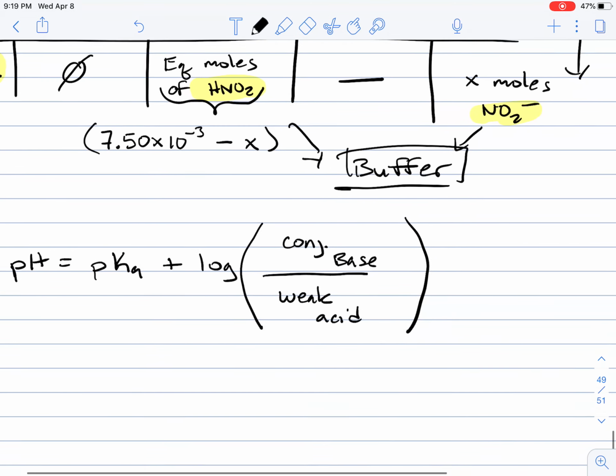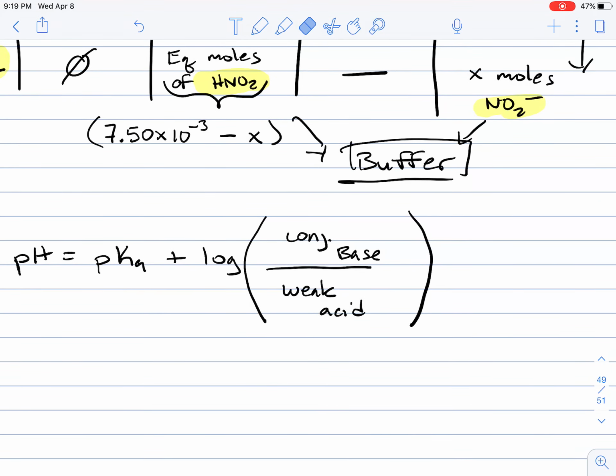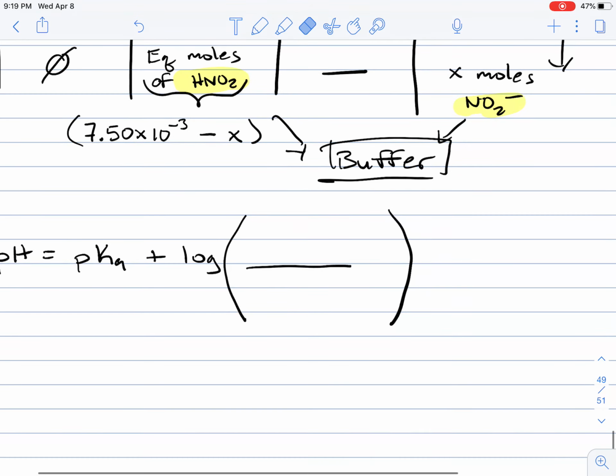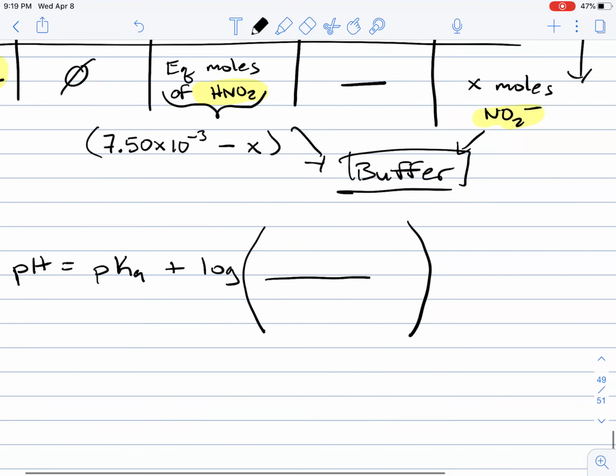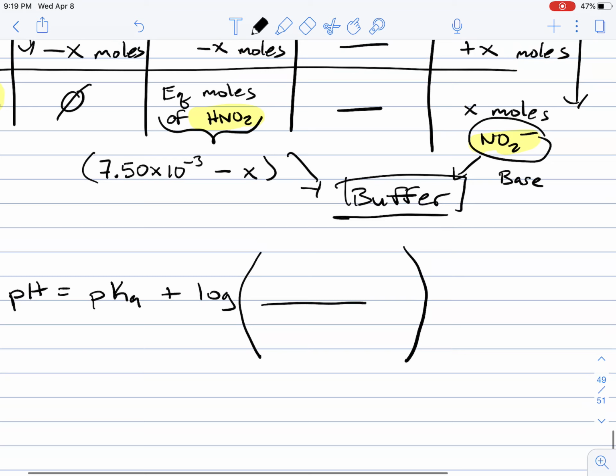And so I'm going to go ahead and replace these words that I wrote down with the values that they represent. Looking at NO2, NO2 was my conjugate base, and so this X is going to go in the numerator. So moles of NO2 minus.